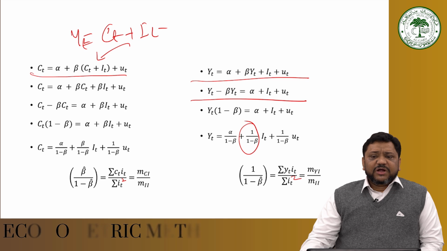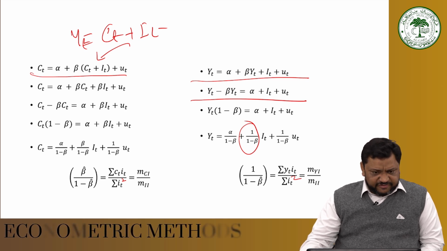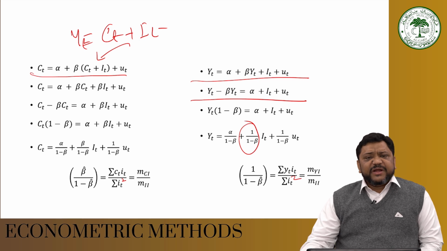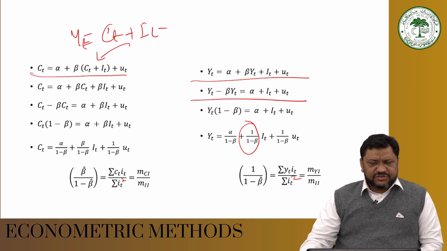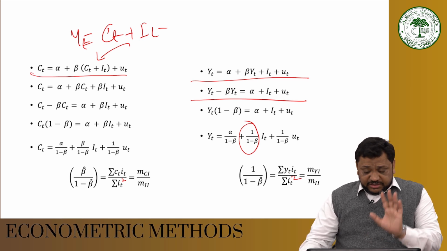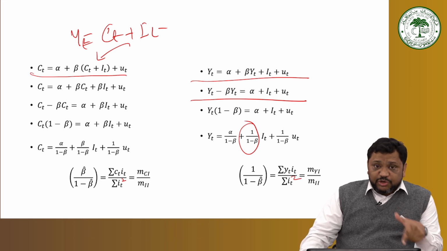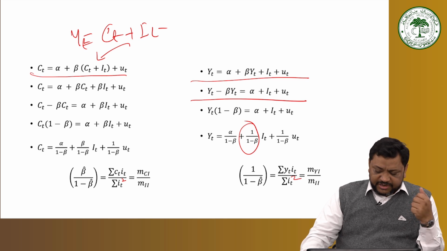So this is basically the first step, and we have formed the reduced form, then we can estimate this by OLS. The structural equation we cannot estimate by OLS, but this reduced form equation can be estimated by OLS.